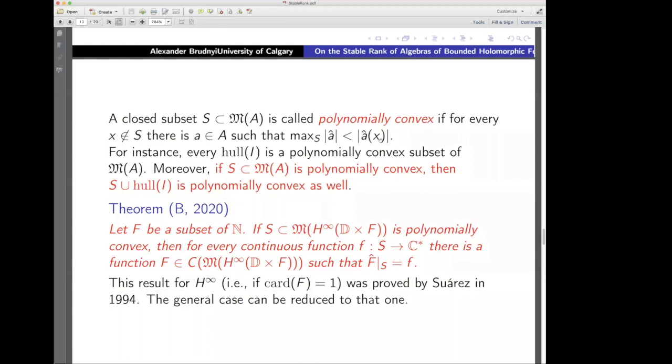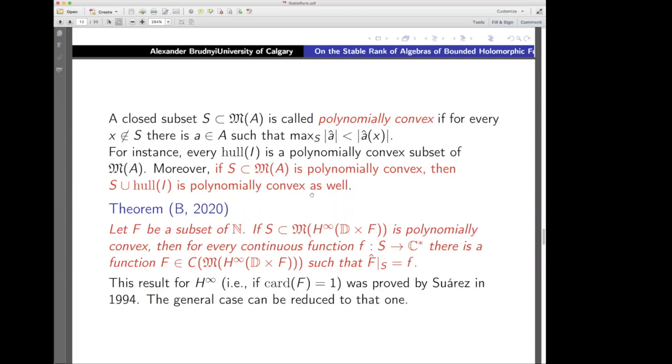This is just a generalization of the usual polynomial convexity in the plane using holomorphic polynomials. For example, every hull(I) is a polynomially convex subset of the maximal ideal space just by definition, because it is the zero locus of some family of functions from A. Moreover, it is easy to check that if you have a polynomially convex set, then the union of this polynomially convex set with any hull is still a polynomially convex set. This is what we use in the proof.